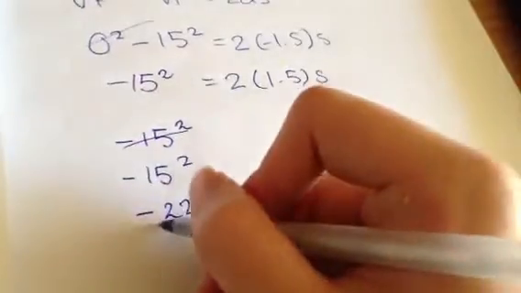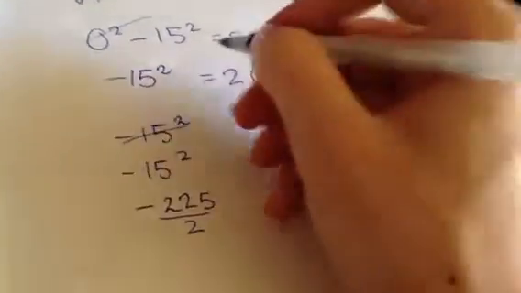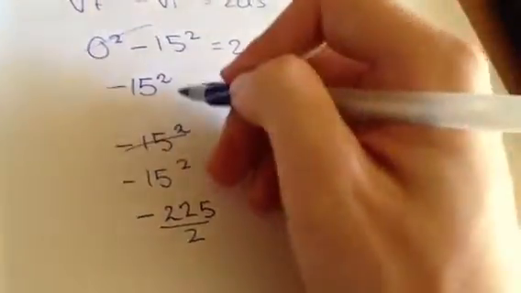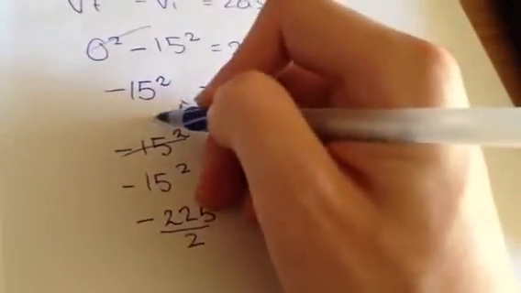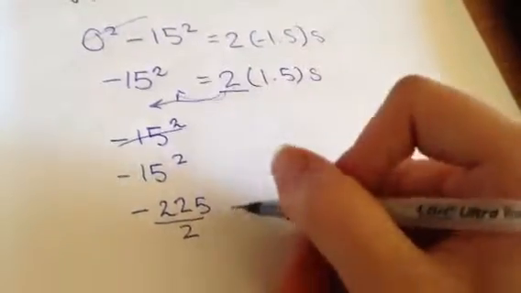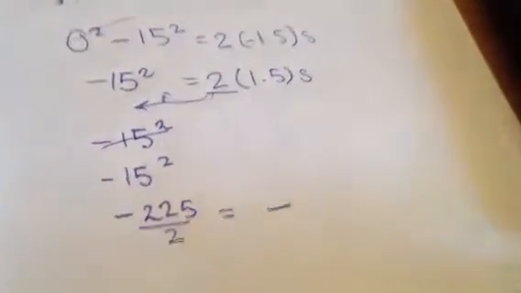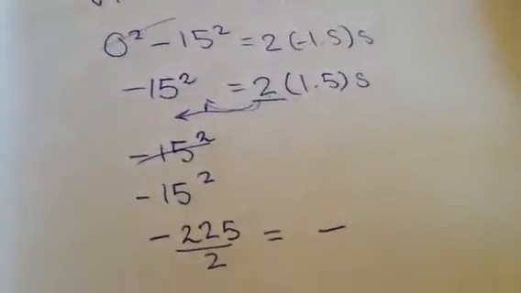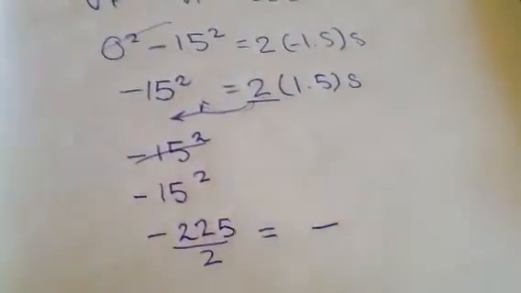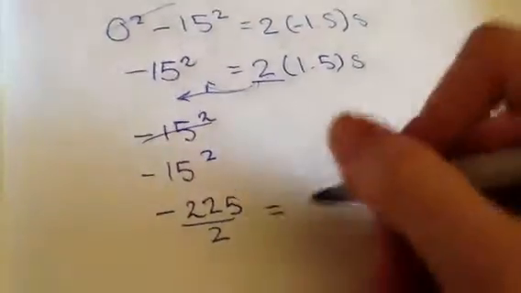And we'll bring the 2 down there because we're able to just bring it to the other side by inversing the operation. Again, if it's in the numerator, then we move it down into the denominator. So we get negative, and we can just use our calculator to deduce this again. 225 divided by 2 is 112.5.